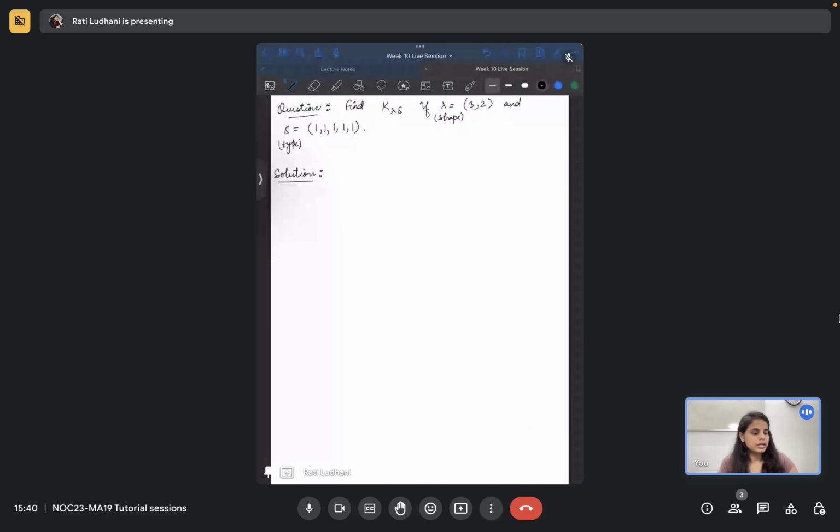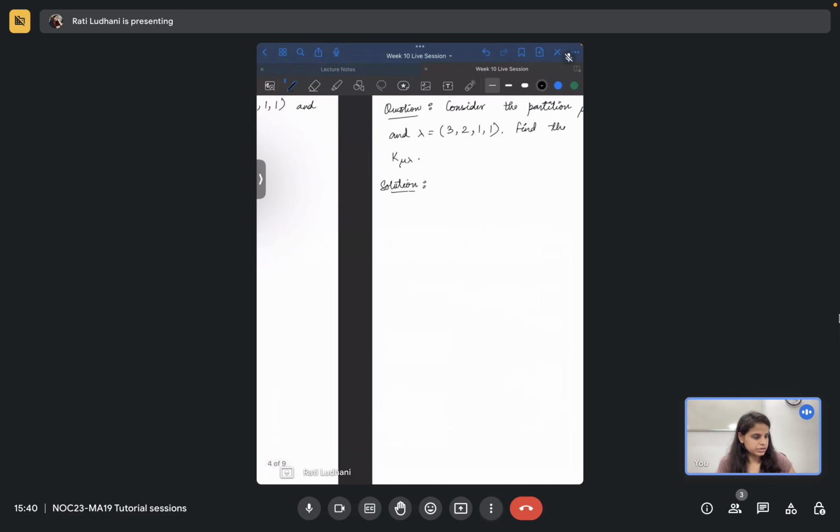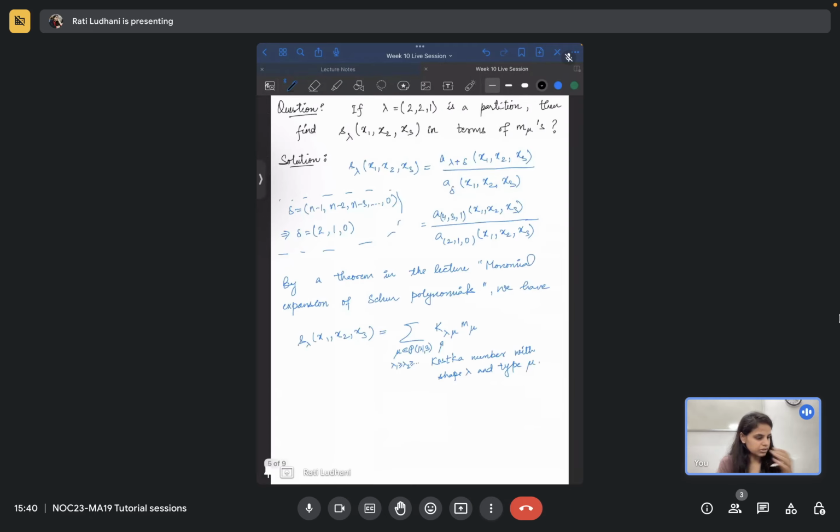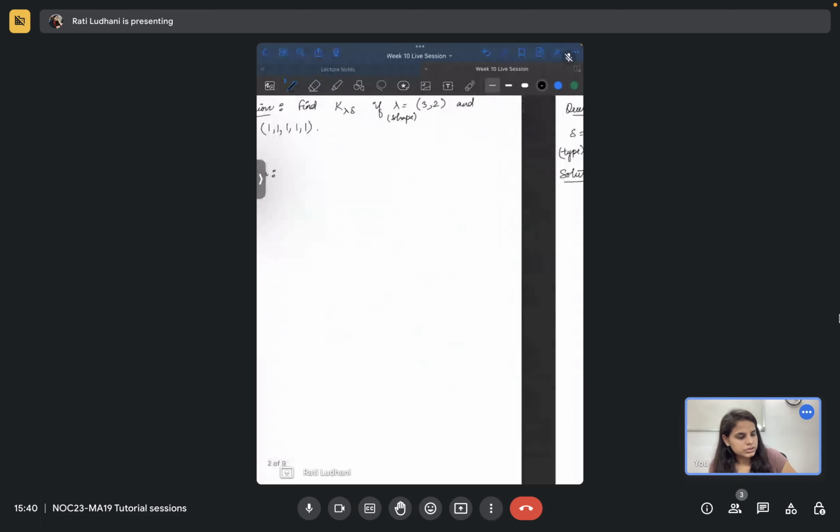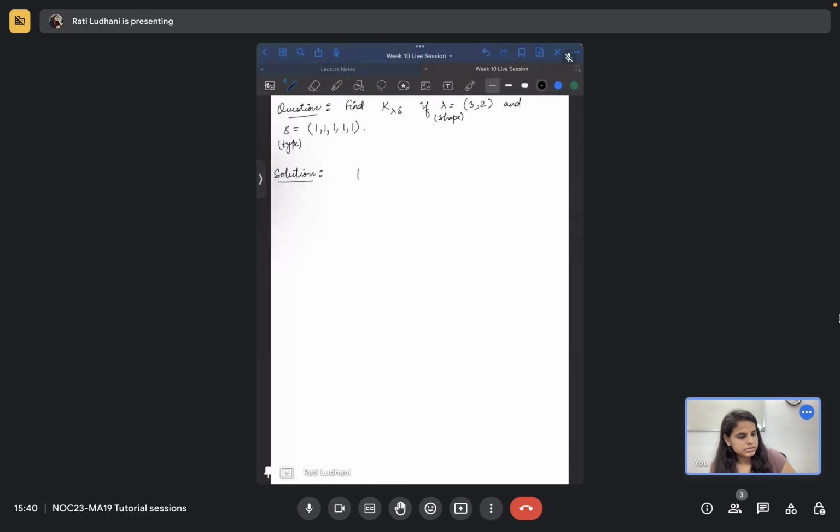Find K lambda delta if lambda is equal to 3, 2 and delta is equal to 1 1 1 1 1. I think I have kept the definition here, so I can write it here. What is this? Kostka number K lambda delta.